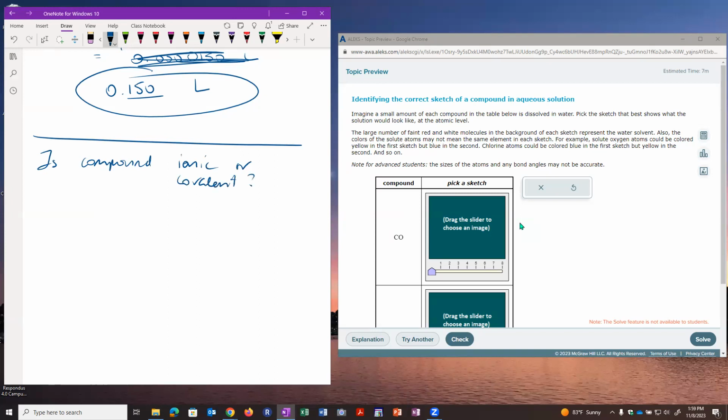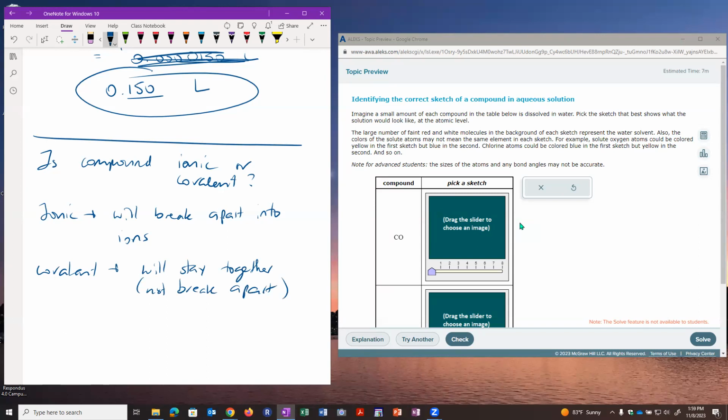Okay, so if it's ionic, it will break into its ions, so it will break apart. And those ions will separate in the solution. If it's covalent, generally, what we're going to assume is that it will stay together. So not break apart.